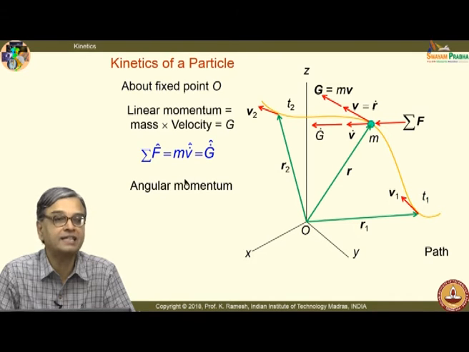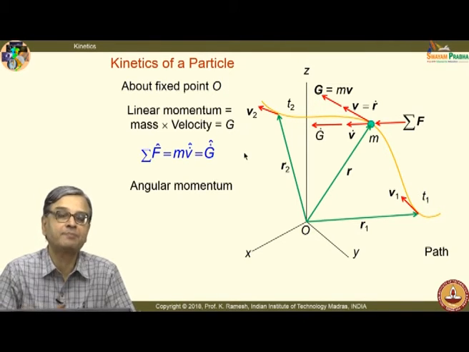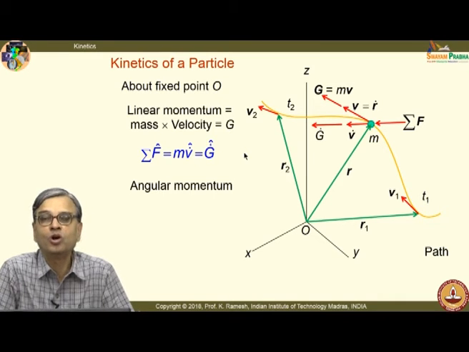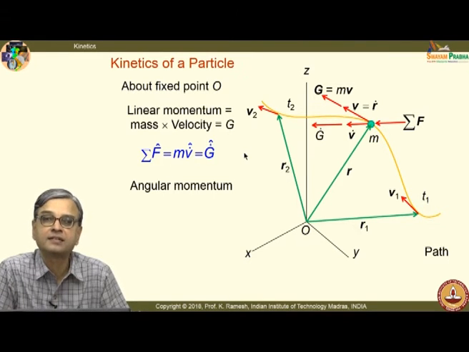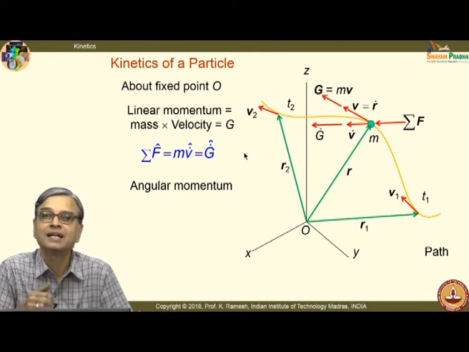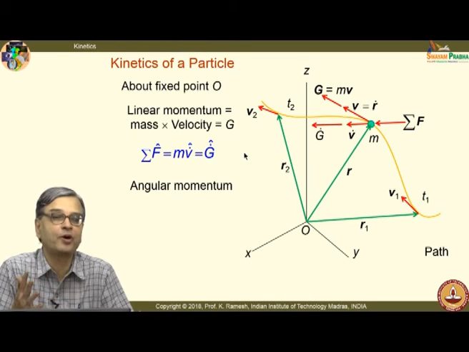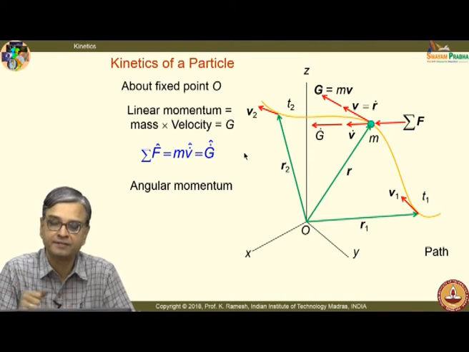One can also write the angular momentum, and we have already said that we will do this about fixed point O. In this chapter, when we move on to system of particles and rigid bodies, we would like to look at the mass point G as well as an arbitrary point P. Fine.